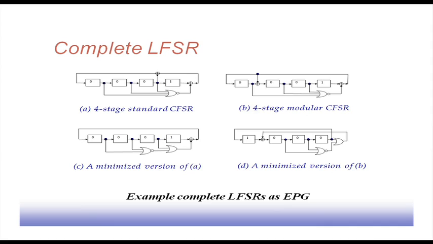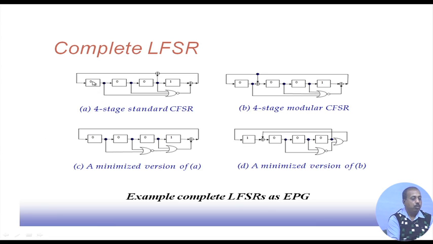Another possibility is to have a complete LFSR. The complete LFSR starts from the normal, standard LFSR, which generates 2 to the power n minus 1 patterns, but does not generate the all 0 pattern. Now, here there is a modification.